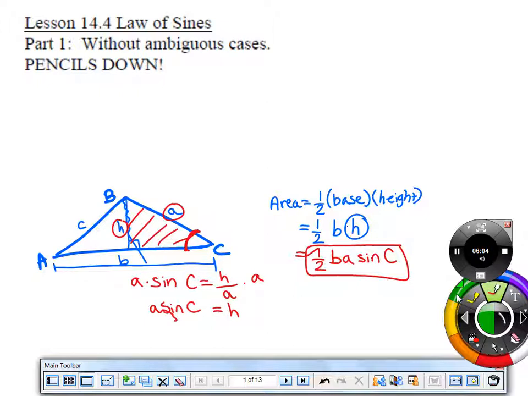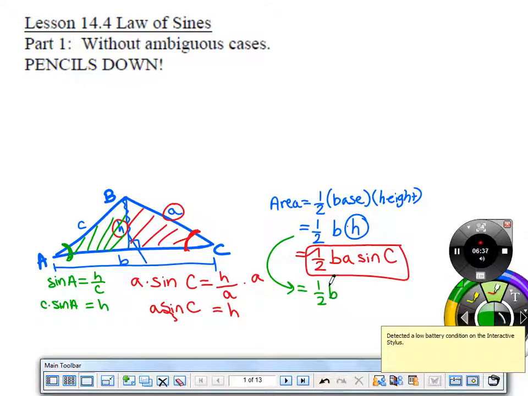We could have used this right triangle over here and used this angle and set up a trig function over here to find H, and that trig function would have said the sine of angle A is equal to opposite over hypotenuse, which in this case would be H over C. And if you solved this for H, you would get that H is equal to C times the sine of A. So that means this formula could have been rewritten a different way.